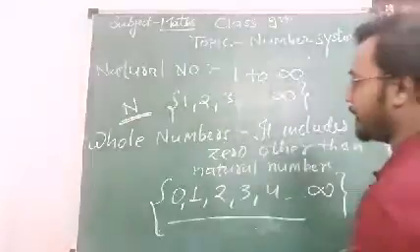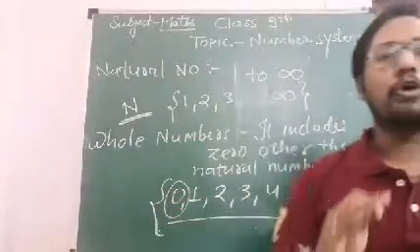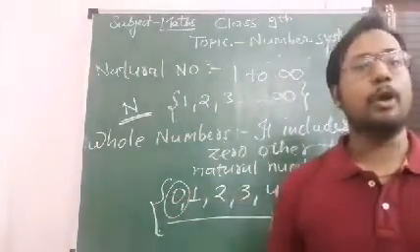We only have to place zero before the counting numbers, so that is a whole number.